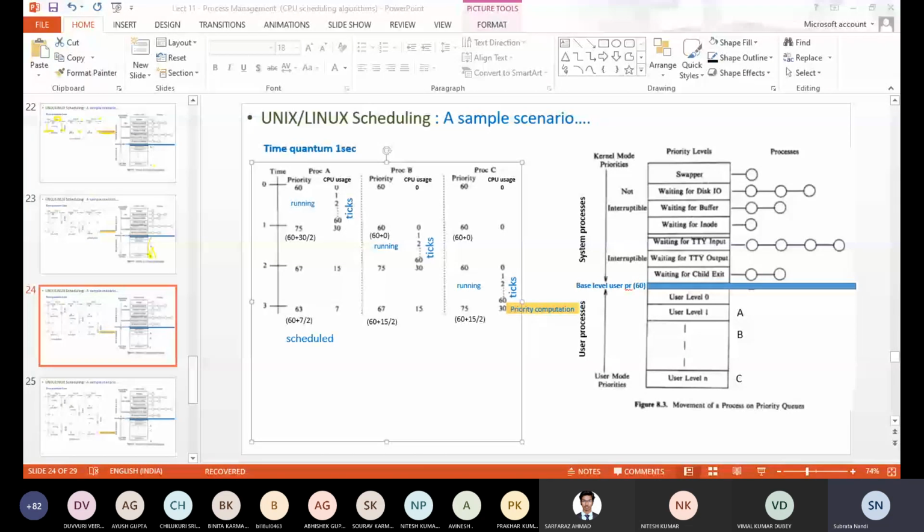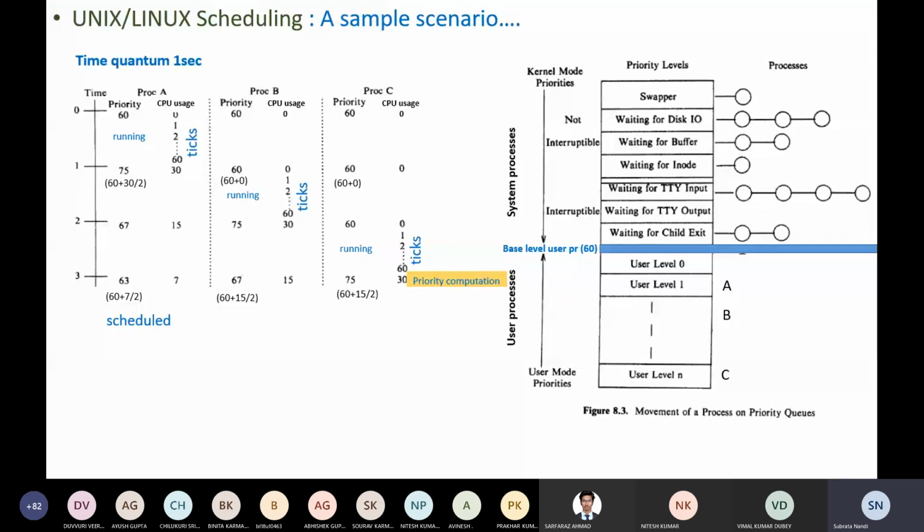Now, are you getting things, or have you got the question? Yes, sir. So try to respond. My question was, how many levels of queues can there be at the user level? How many possible levels can there be? Am I going too fast, or am I not clear to you?